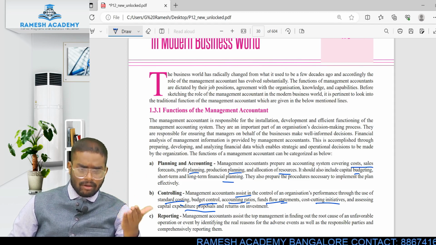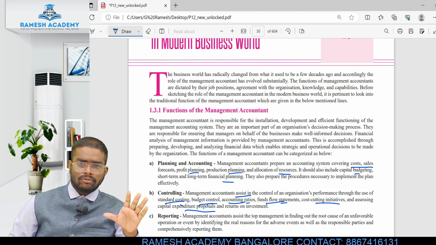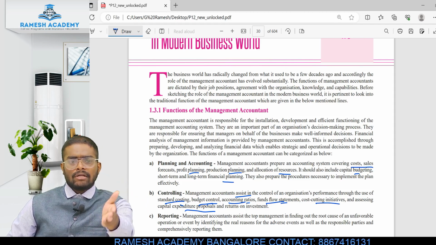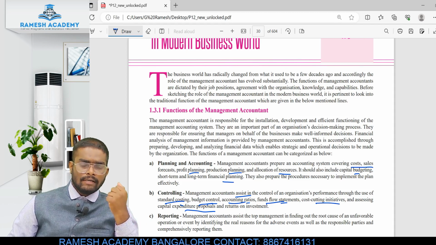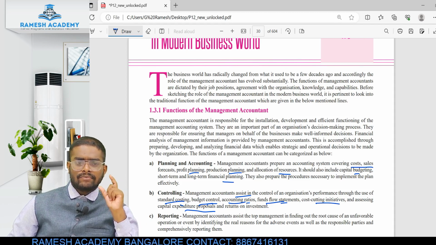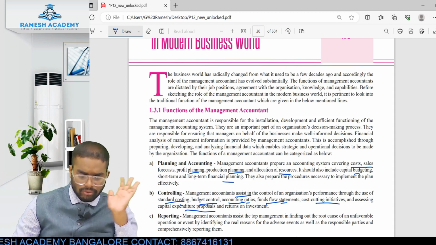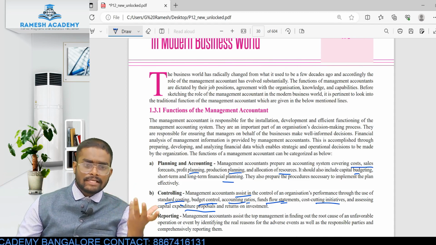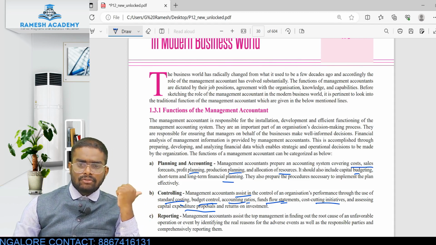If renting is good, go for renting. Why are you purchasing 2 to 3 crore machinery when it is available for rent? You have to make proper analysis whether renting is viable, whether the rent is less than the installment, whether we have any other expenses, and all those things.